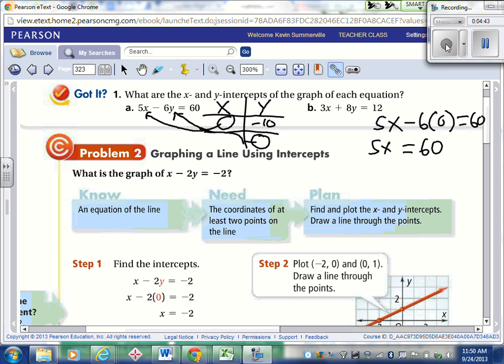I have a number next to a letter. What do I got to do? Divide it. Divide both sides by 5. That cancels. I get x equals 12. The 12 goes into our chart right here. X equals 12 means the x-intercept is 12.